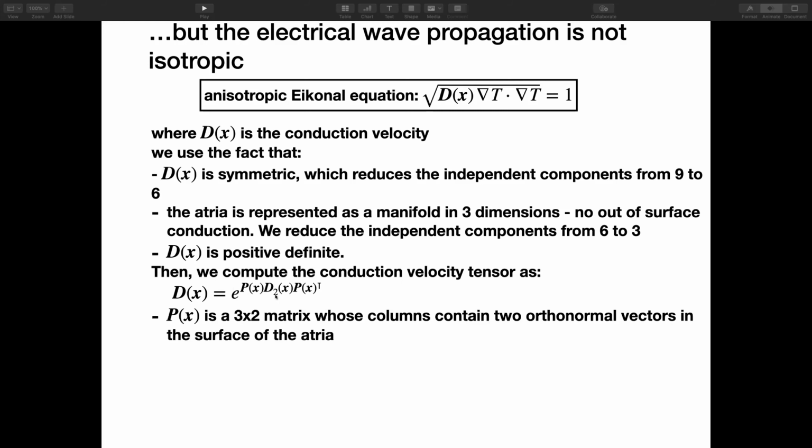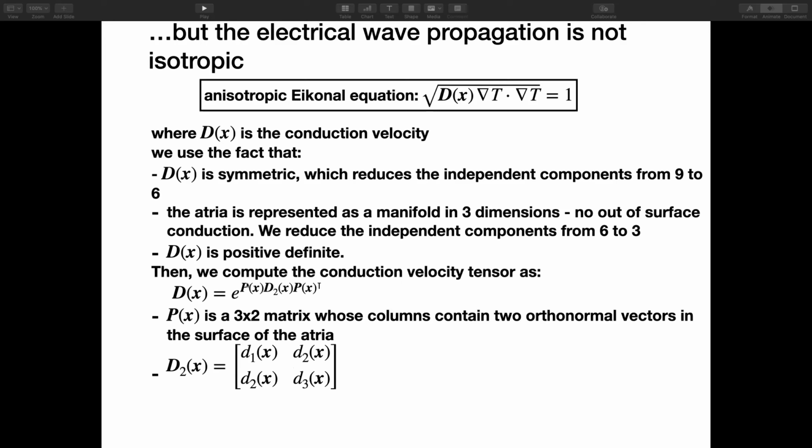So we take the exponential of, so this is the matrix exponential, it's not the component by component exponential, of a reduced tensor, D2, which has 3 independent components, so we ensure that it's symmetric.